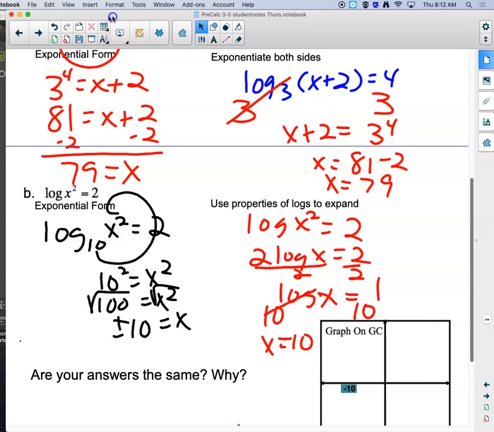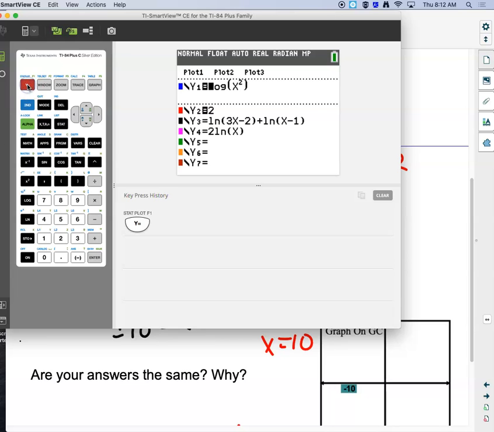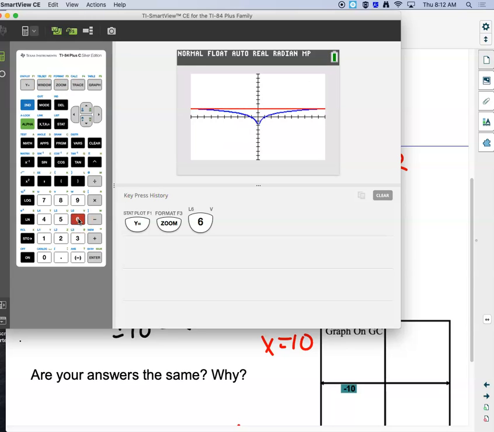So what we want to do is take a look at this and see what's really going on. So I already put in the logarithm of x squared and a 2, because we need to see where those are going to intersect. So if I hit zoom 6, this is what I see. And then I remember my solutions were at negative 10 and positive 10.